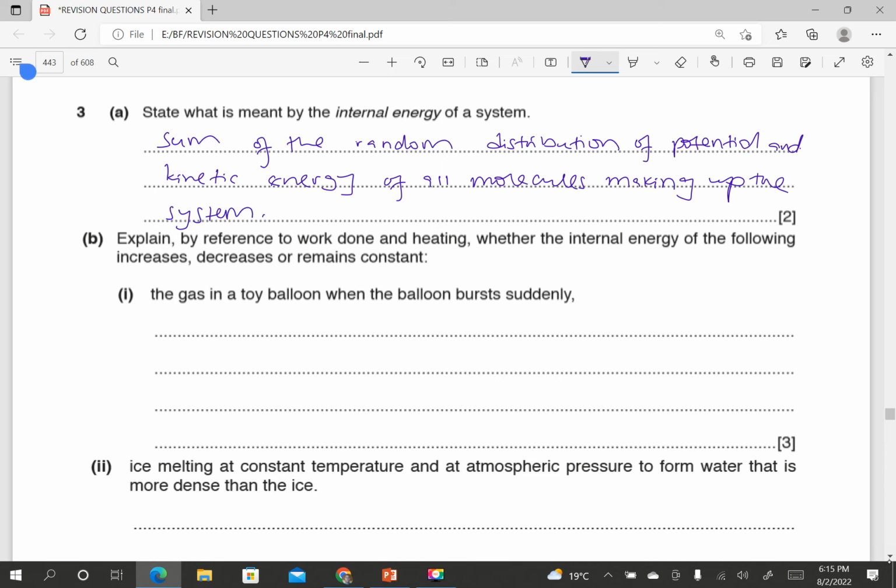I want to put the word energy here: the sum of the random distribution of potential energy and kinetic energy of all the molecules making up the system.